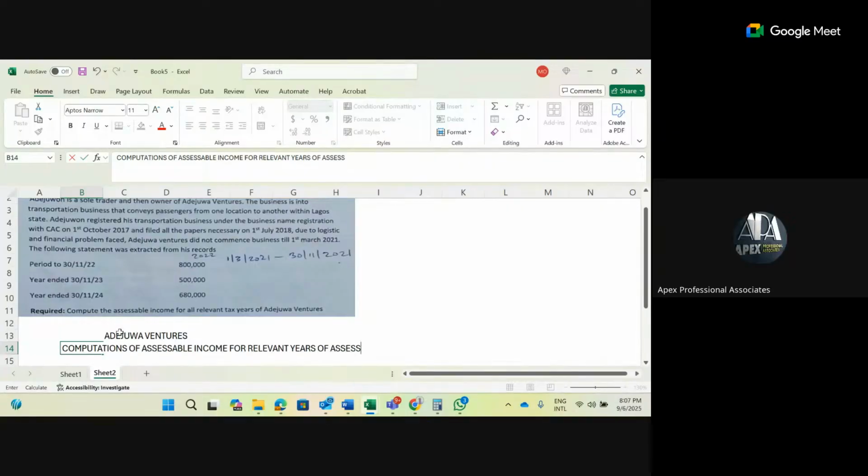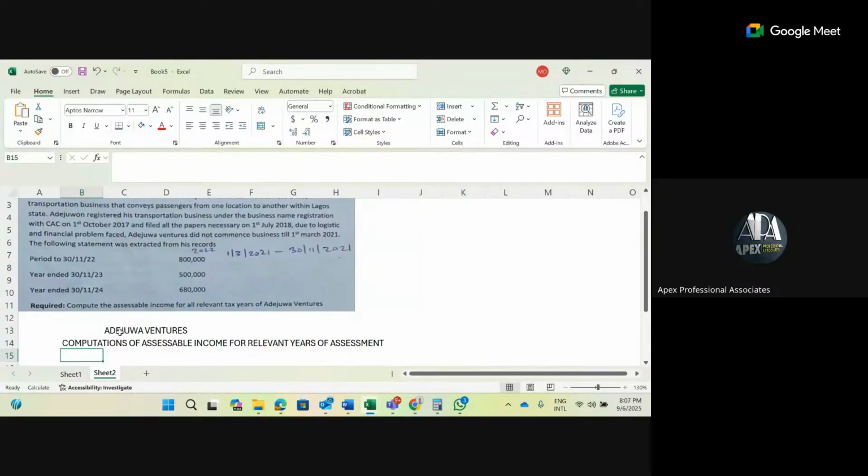We are just calling it relevant years of assessment because they are many. If it is just one year of assessment, you are just going to write for maybe 2022 year of assessment, or 2021, or 2023. I hope we are clear.